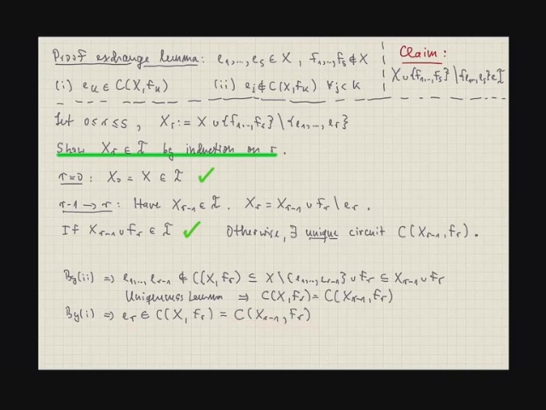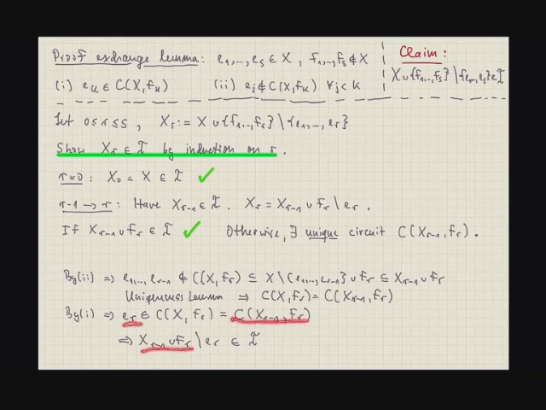So when I remove this element, I get an independent set. And that actually implies the following, namely that if I look at the set x_{r-1} together with element f_r and without element e_r, this must be an independent set. Why is that? Well, this set contains a unique circuit, which again contains element e_r.